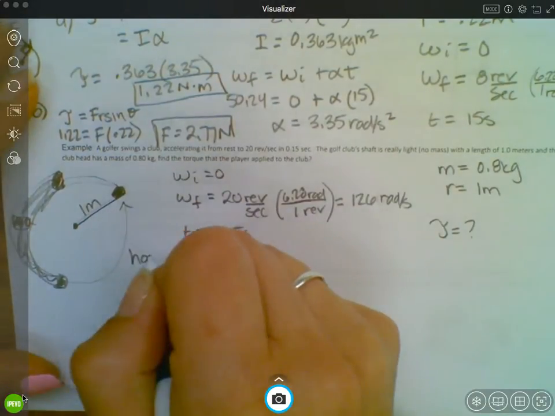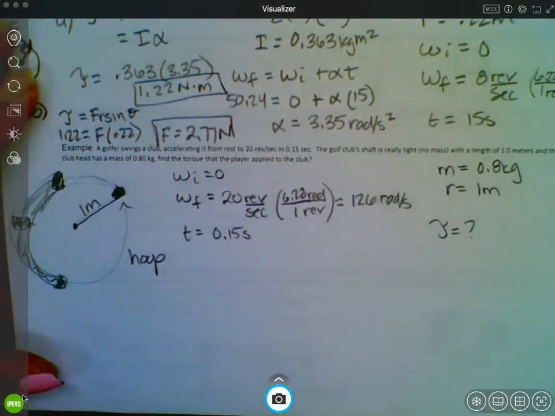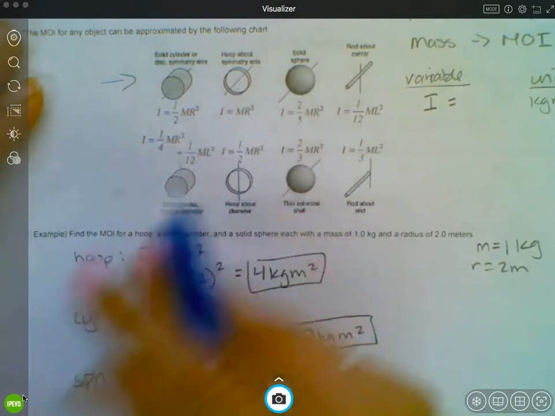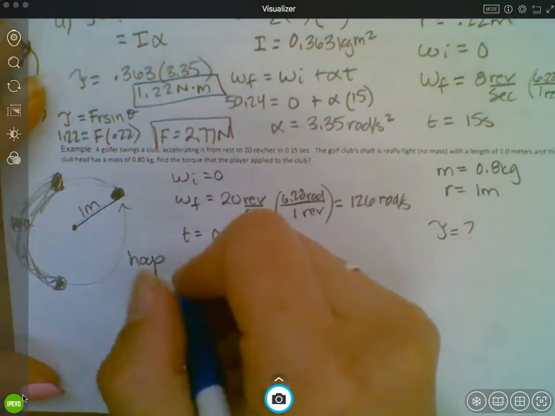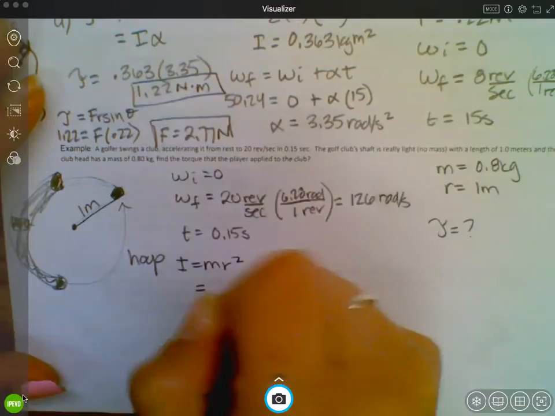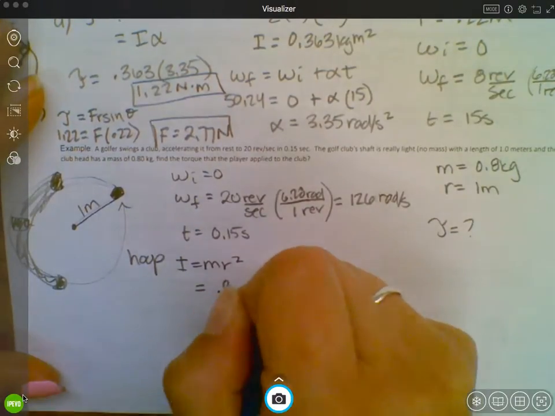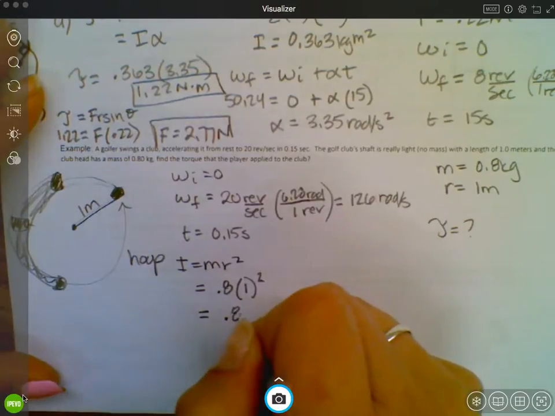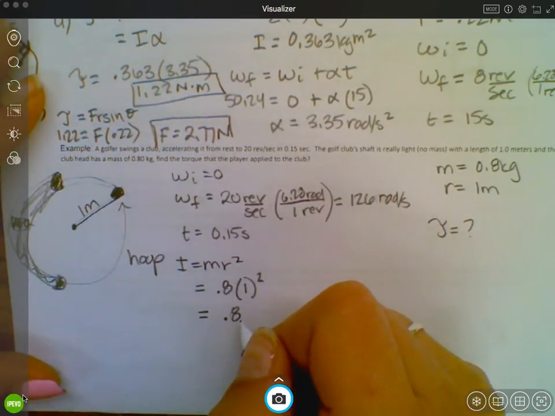So we're going to treat it like a hoop, okay? Which means that if we go back to our table here, our I is equal to m r squared. Okay, so let's solve for I. M is 0.8. R is 1, so 0.8 is our I.